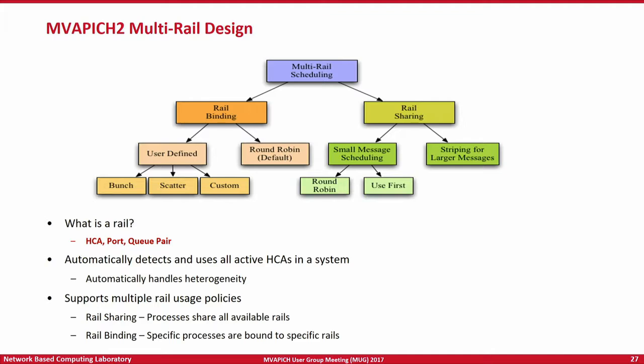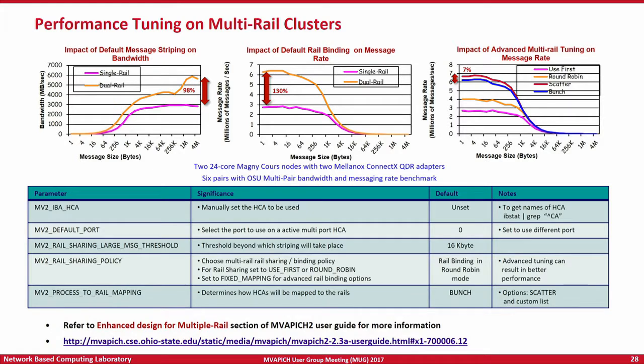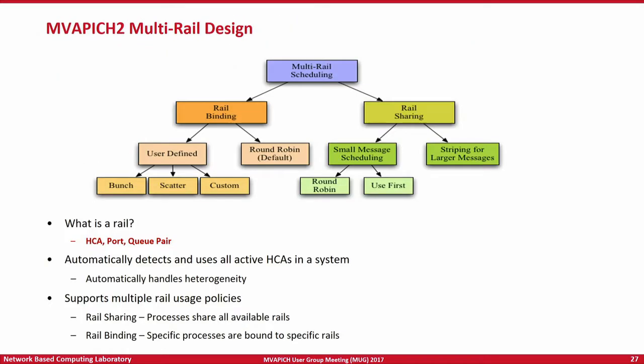And these are the kind of benefits that you get by using all available HCAs on a system, as expected. You see a pretty good bump in bandwidth as well as a pretty decent bump in your message rate. And by using advanced multi-rail tuning options, you can even get slightly improved performance. By default, our option is bunch.